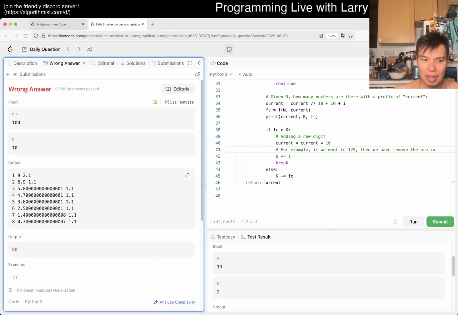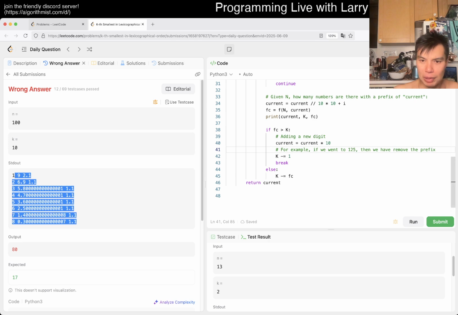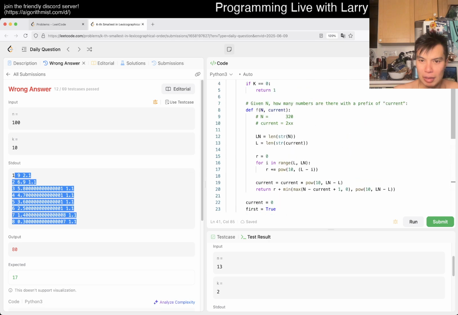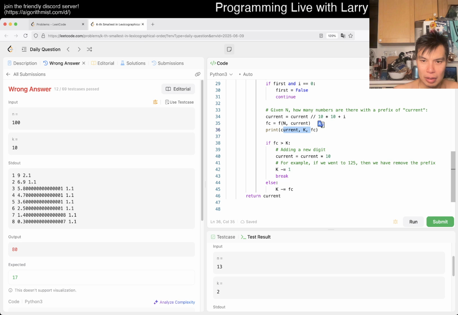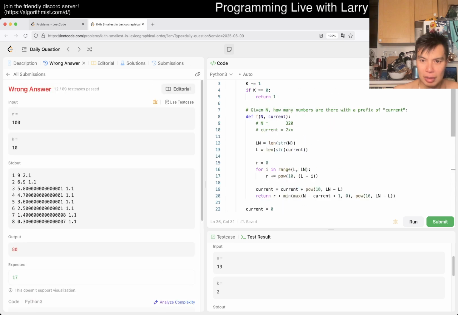Oh, and I still printed stuff out. Why did I print stuff out? Where do I print stuff out? Oh, here. But why is K and why is there? This is negative is why, right?